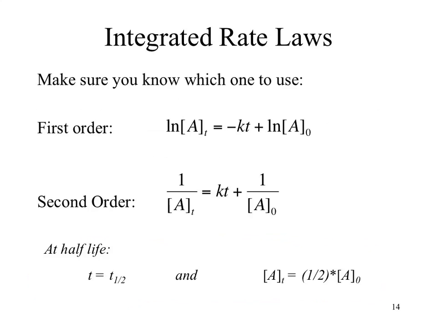We want the time at 67% left. What is A sub t? It's 67% of what we started with.